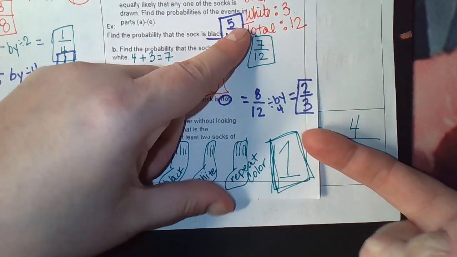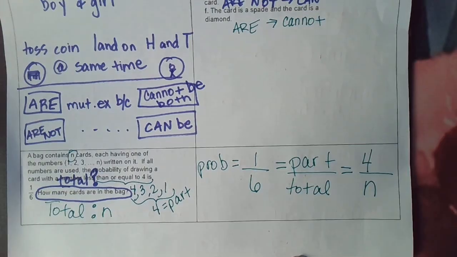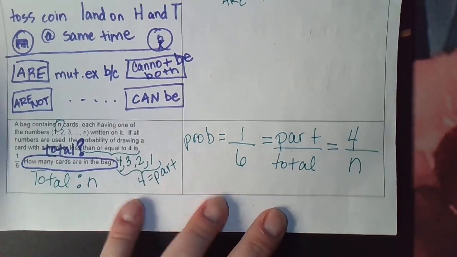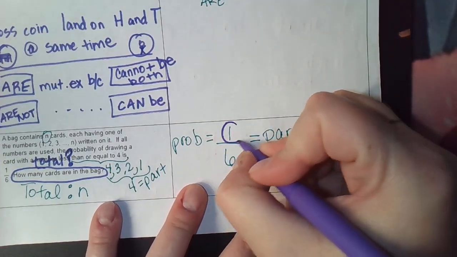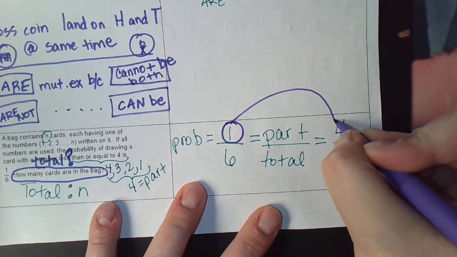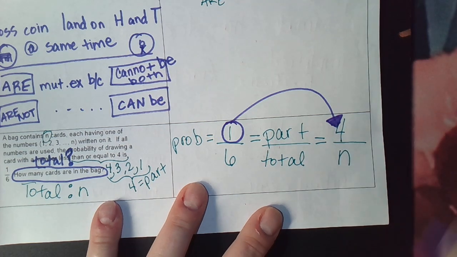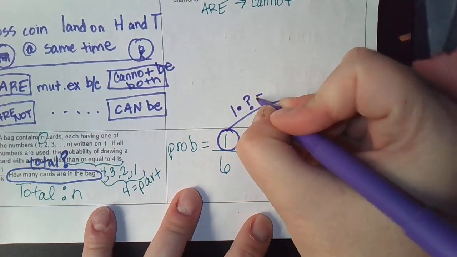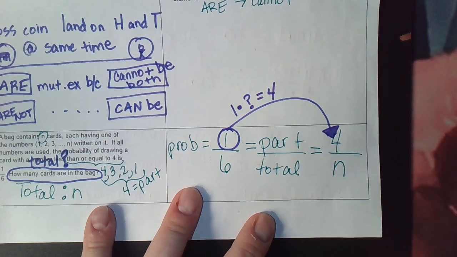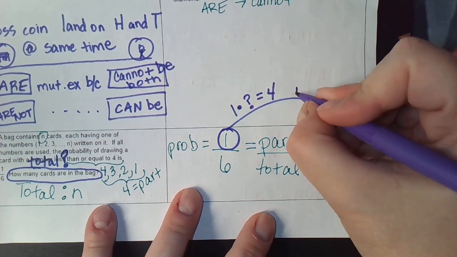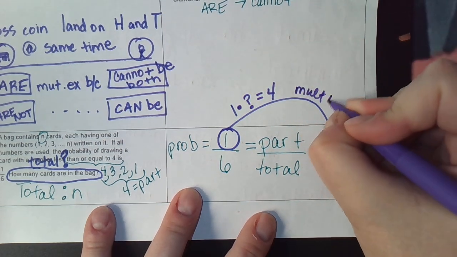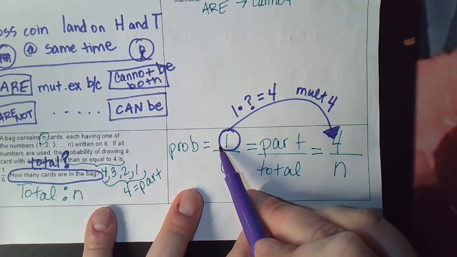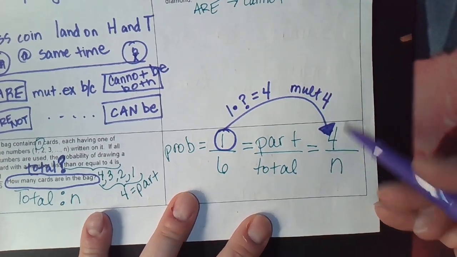But now we're going backwards. So I need to figure out, what do I multiply this 1 on the top by to get this 4? Well, 1 times what equals 4? You have to multiply by 4, because 1 times 4 is 4.